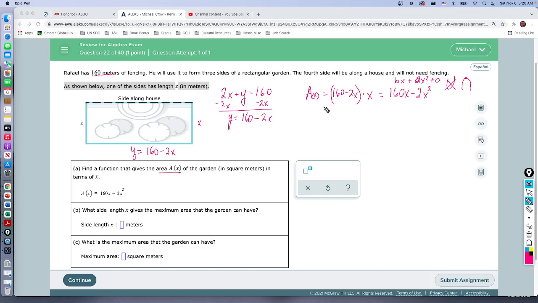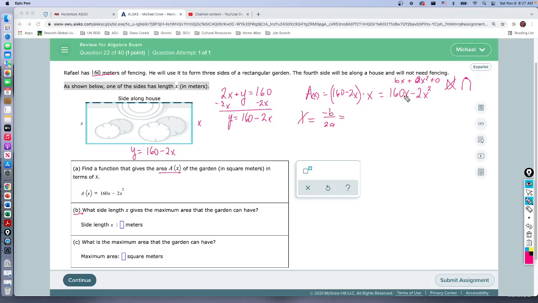Our formula for the vertex is that the x-coordinate of the vertex is minus b over 2a. That's going to give us the answer for the side length. To get the area, we're going to plug that into the function we have here to actually calculate the area.